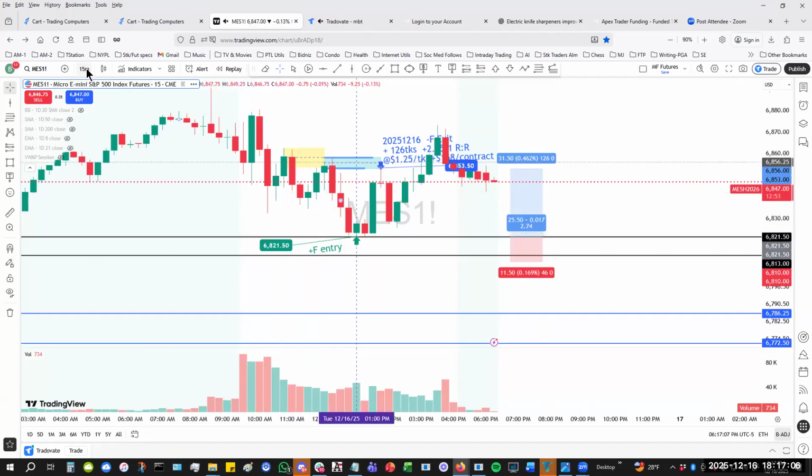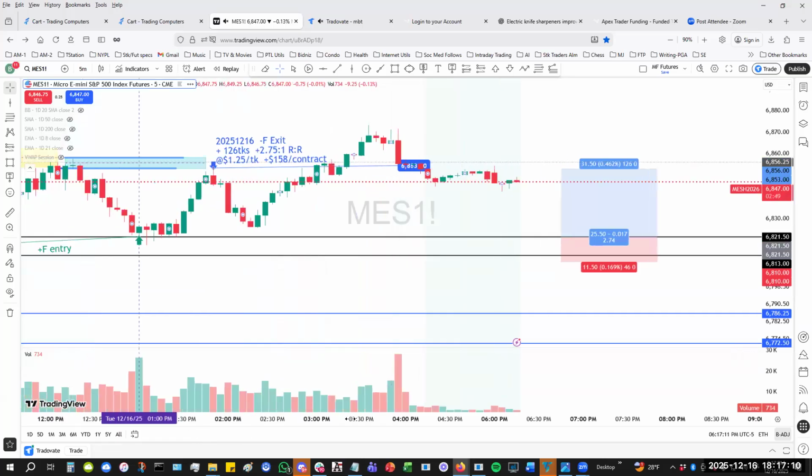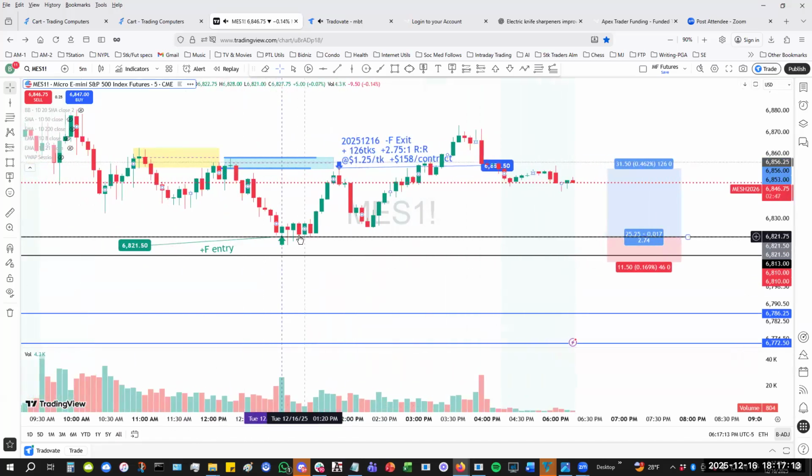In fact, if I change this to a 5-minute chart, you'll see that price basically hovered around this region for the better part of about a half hour. But then eventually it started to bounce and then actually start to pop. While it was hanging out down here, I looked above and saw an area where price had come up, consolidated, and then dropped from there.